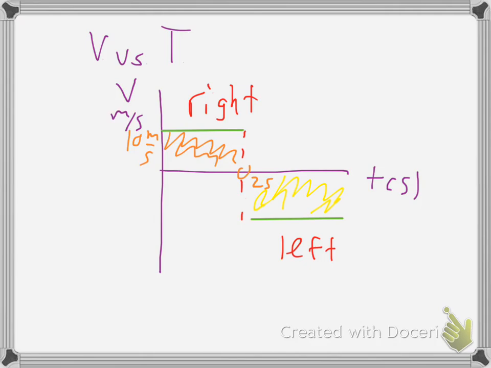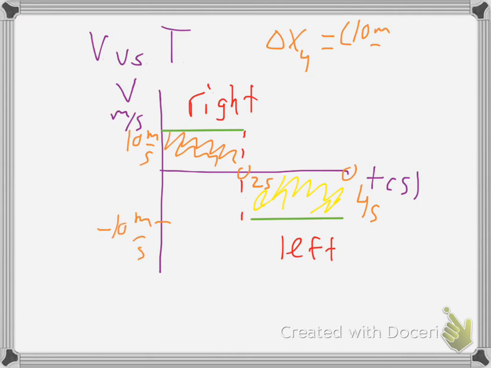If I make this point 4 seconds, we find the total displacement from 0 seconds to 4 seconds. And this will be negative 10. All right, so we'll make this easy.